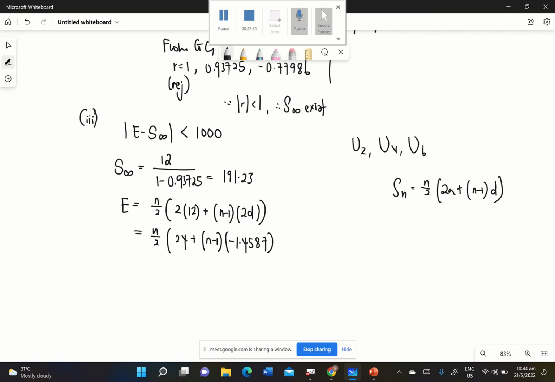I'm just going to simplify this a little bit first. Sorry, there's times 2 here. I'll put this 12 here. I'm going to bring the half in, so I don't need to type so much into my calculator in a bit. 0.4587. Then you can chuck the whole thing in.